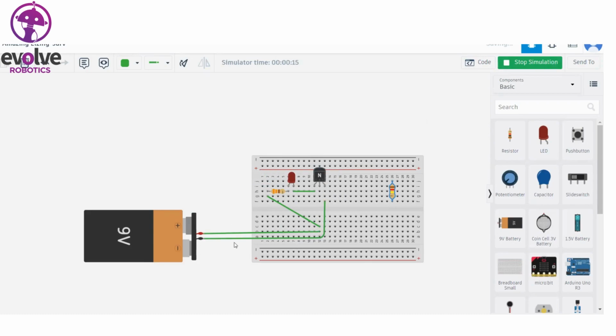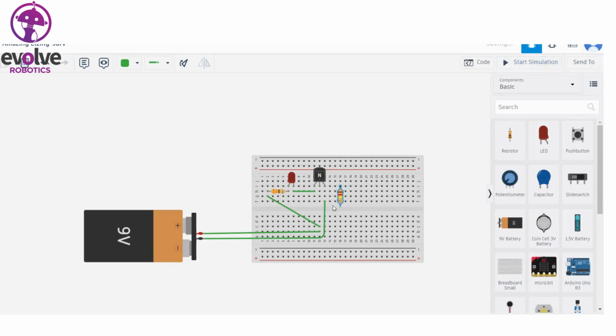So here we can see a closed circuit, but our transistor is in off state. So here the transistor is acting as a switch which is in off state. So the LED does not get any power to glow. That is the reason behind our LED's off state.